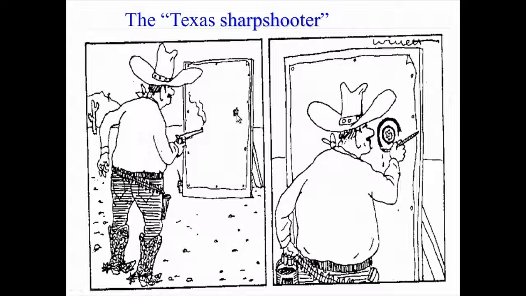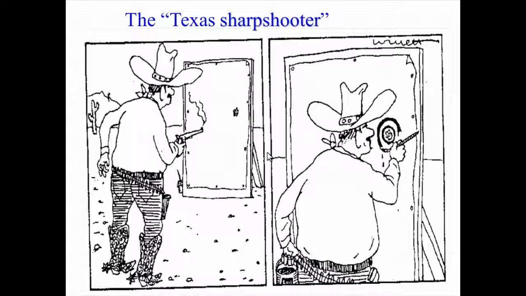So really this is what's happening. Something happens, it's kind of random, as this guy is obviously not a very good shot, and then it becomes the center of the target. It becomes the bullseye. A lot of attention focuses on it. So that's the Texas sharpshooter effect, and it's a very common phenomenon.